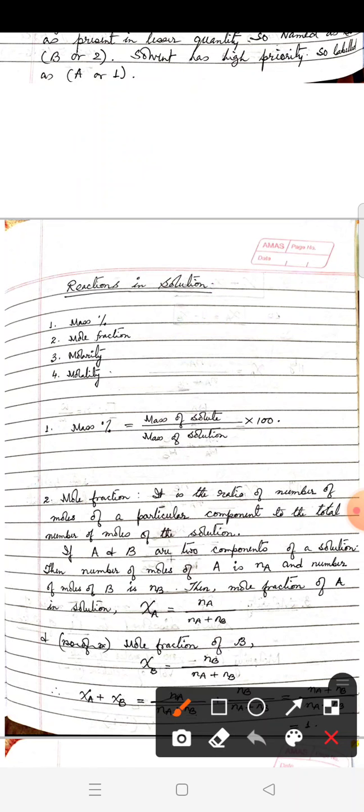Next we have mole fraction. It is the ratio of number of moles of a particular component to the total number of moles in the solution.